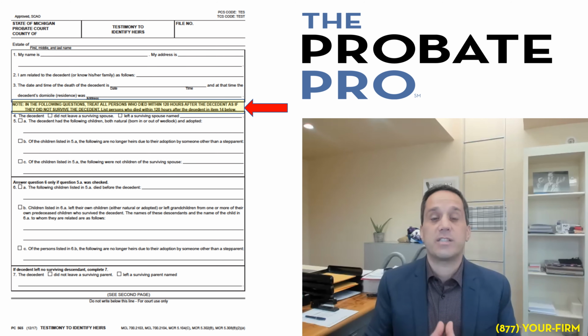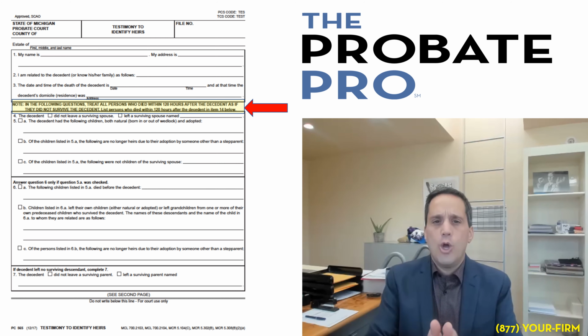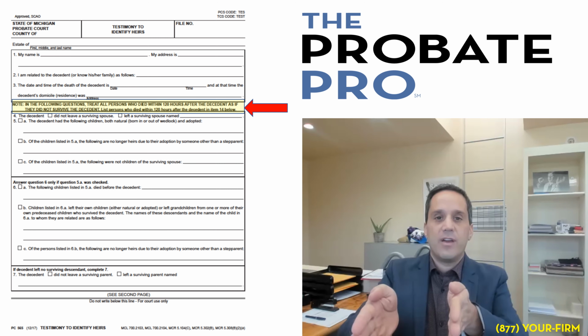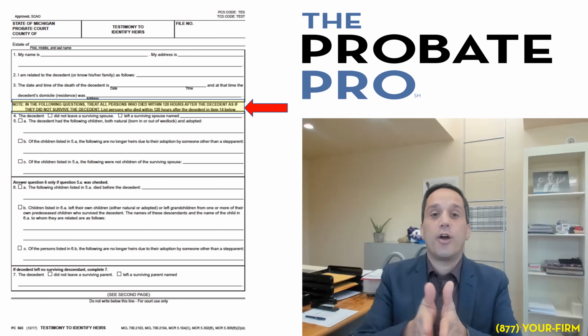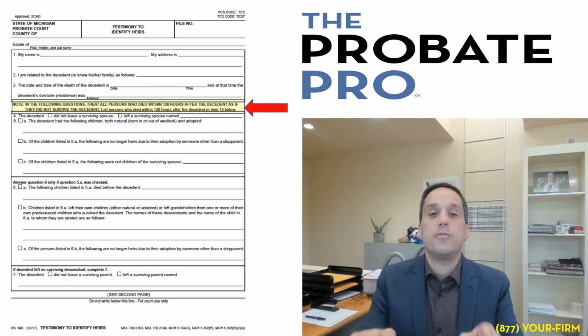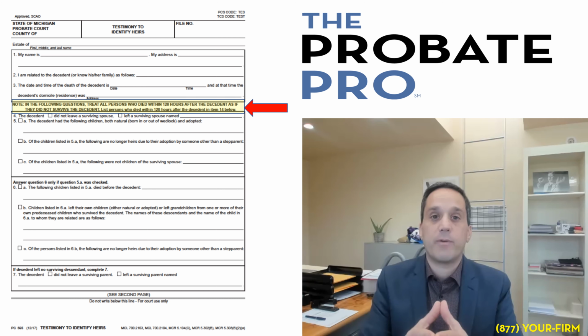The next section is important to understand. Michigan has a 120-hour rule, which means that if somebody fails to survive the decedent by 120 hours, which is 5 days, they are presumed to have predeceased each other. It's really an important consideration here.